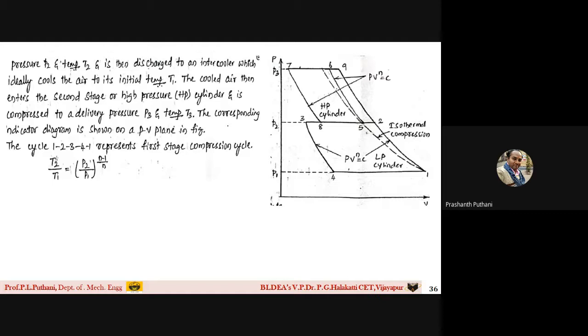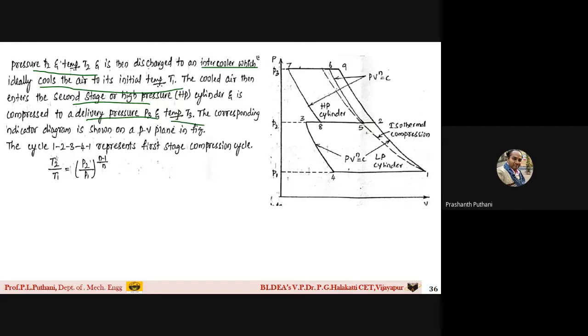So therefore, pressure P2 and temperature T2 is discharged to an intercooler, which is responsible for cooling the air to the initial temperature T1. Then this cooled air enters the second stage compressor, a high pressure cylinder, and it delivers the pressure P3 with the temperature T3.